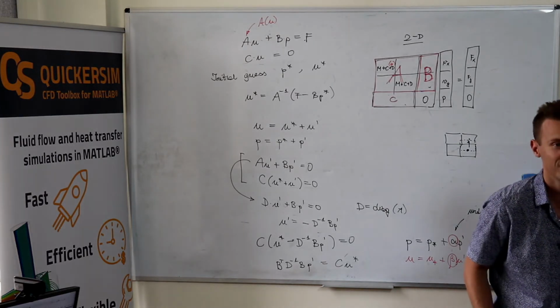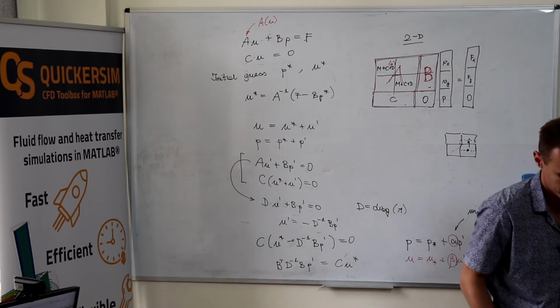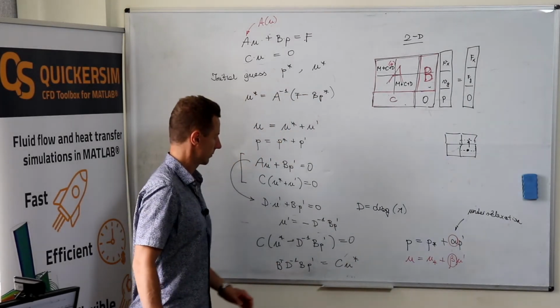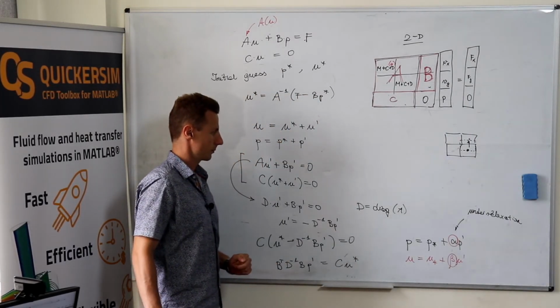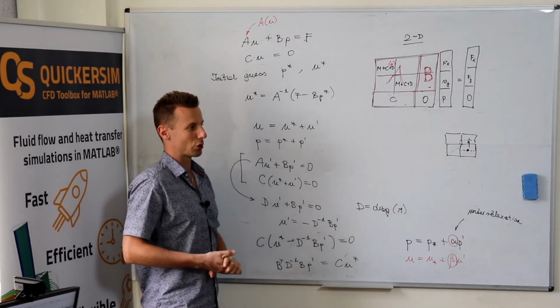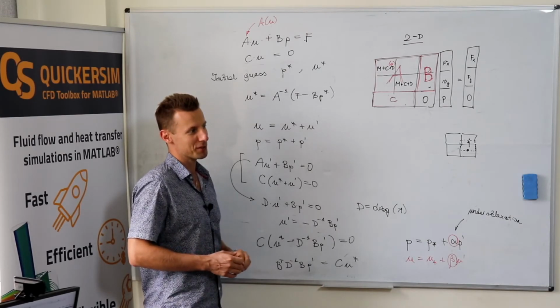There are also many modifications of the SIMPLE algorithm, like SIMPLER. There are many of them, so we are not even sure if ANSYS Fluent uses pure SIMPLE. That might not be that simple.